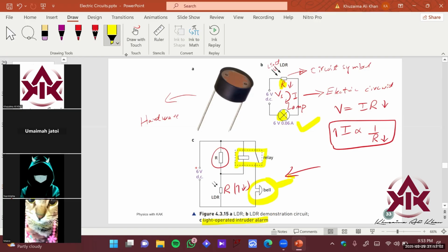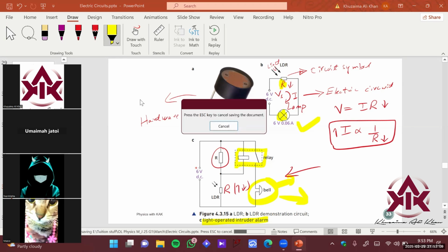That sends a sound alert to the people or the police that someone is here who is not supposed to be here at this particular time. So that is how you can create a circuit that is used as a security alarm circuit. This is a simple application of LDR which you can see in real life. Okay, so let's move on.